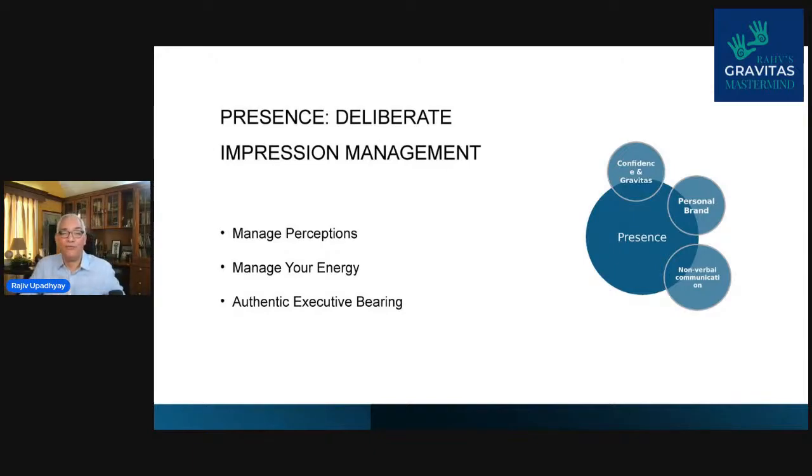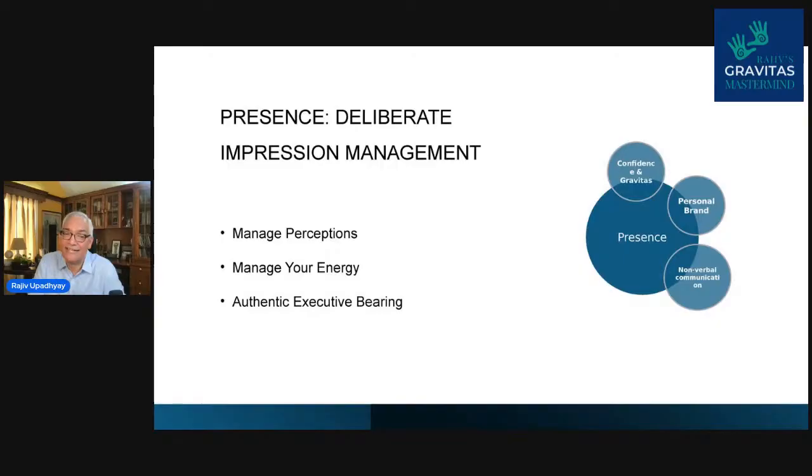In between, if you are somebody who's like a joke a minute, or you are constantly bouncing off the walls, none of these energies align with how you see or perceive an executive. It might not have any bearing on the quality of your work, but this is what people see, and this is what people will use to judge and evaluate you. And that is the reason it's important for you to manage your energy, right?